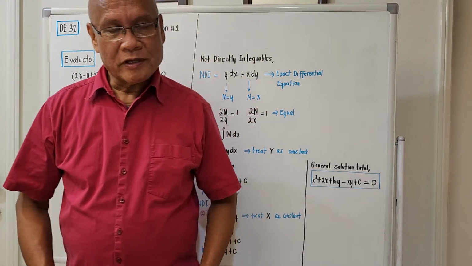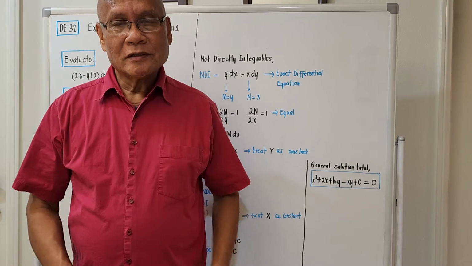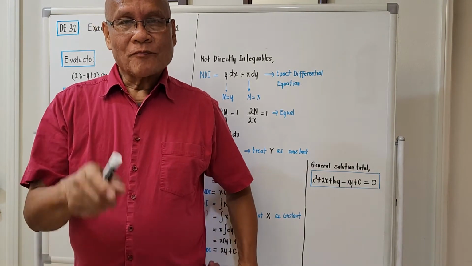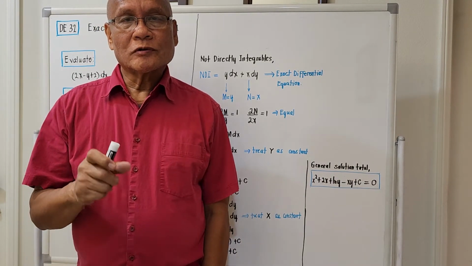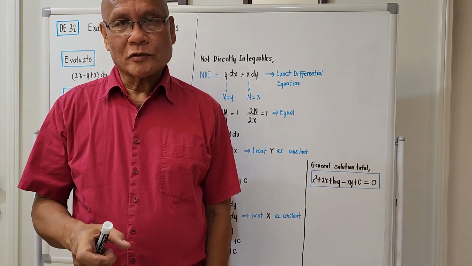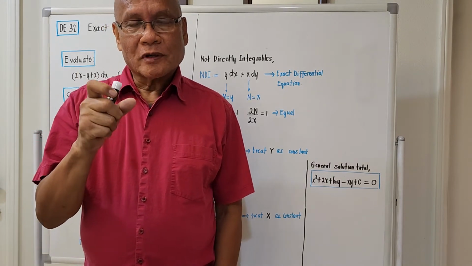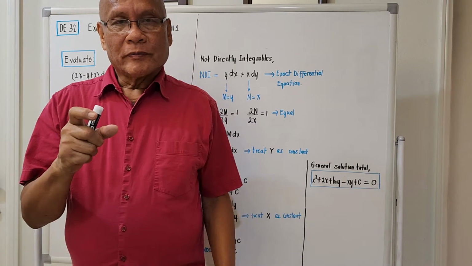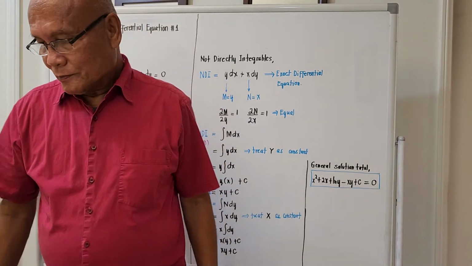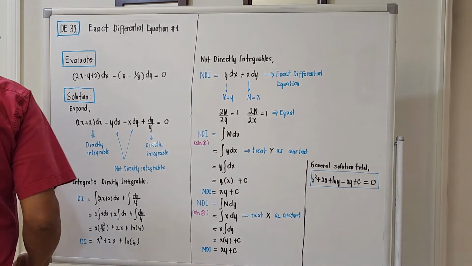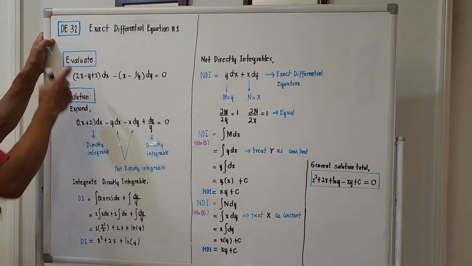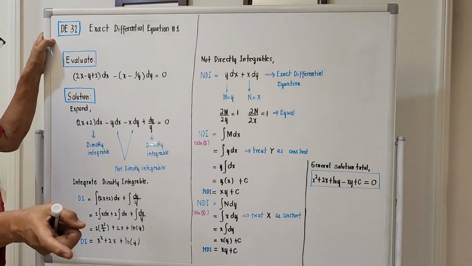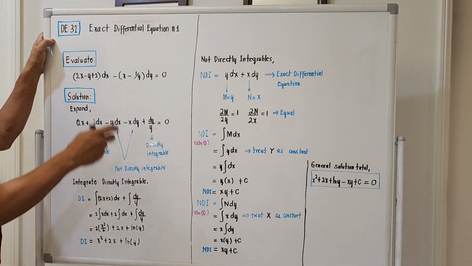Okay, my topic for tonight will be an example problem on the solution of an exact differential equation. This is lesson number 32 on my course in differential equations, lesson DE32. It's a continuation of the past lesson 31.